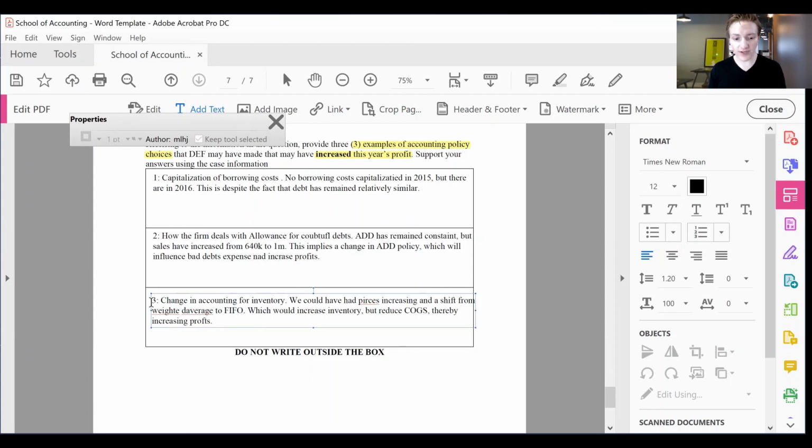And the support for this is that inventory has more than doubled, but sales have less than doubled.